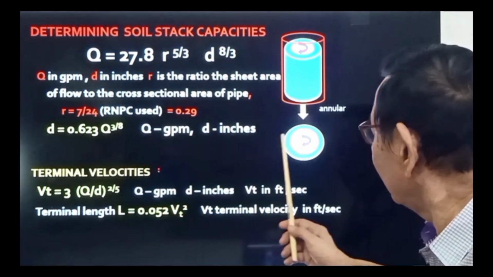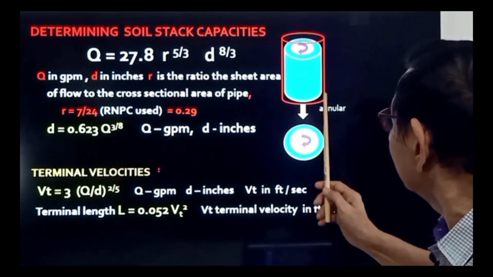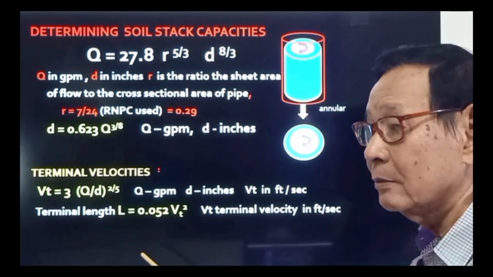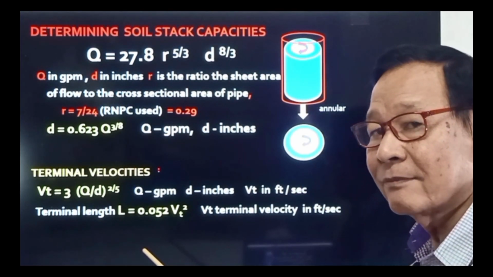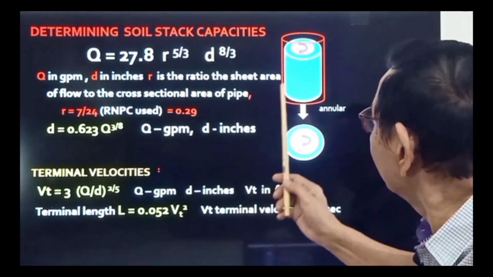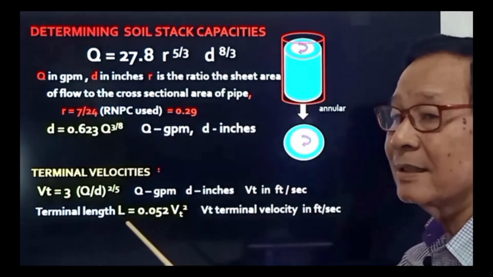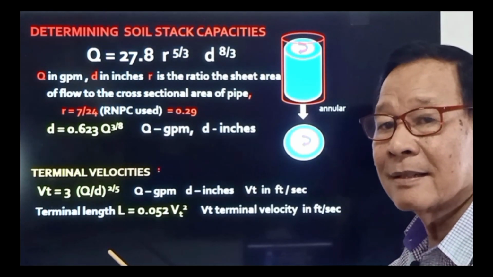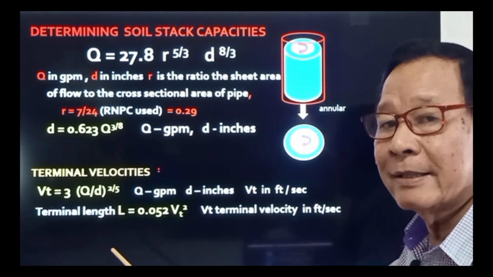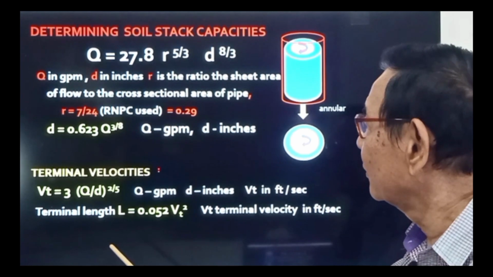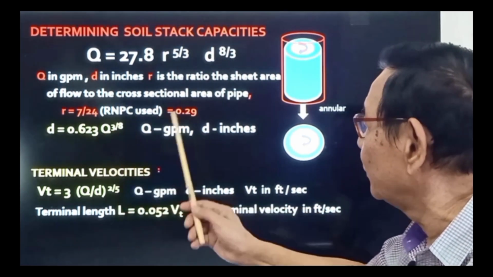It means the blue one is 29% only. That is water. The 70% hollow here is the core of air. So that is 7 over 24, which is 29%.